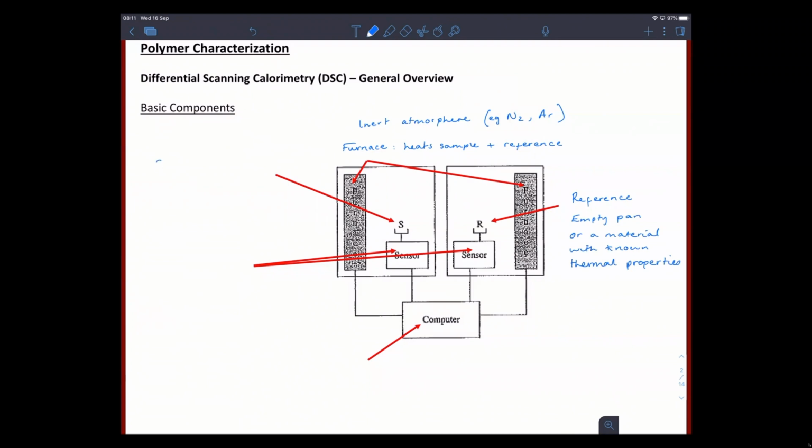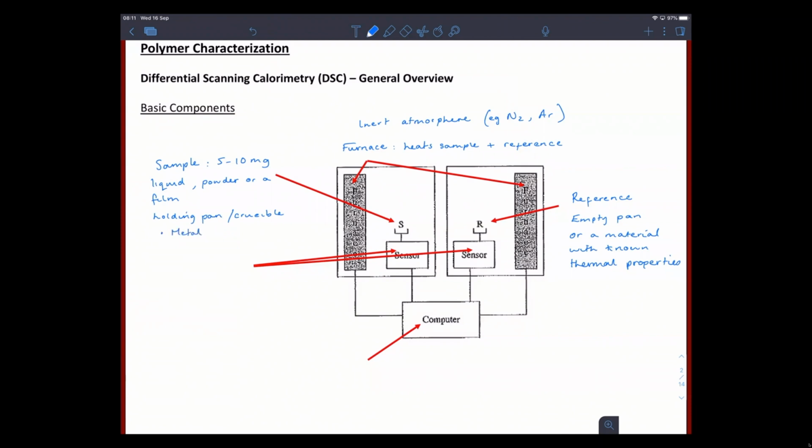Now the sample generally weighs between 5 to 10 milligrams. It can be a liquid, it can be a powder, or a film. And we obviously put that into another pan. So the holding pan itself, the crucible, is metal.